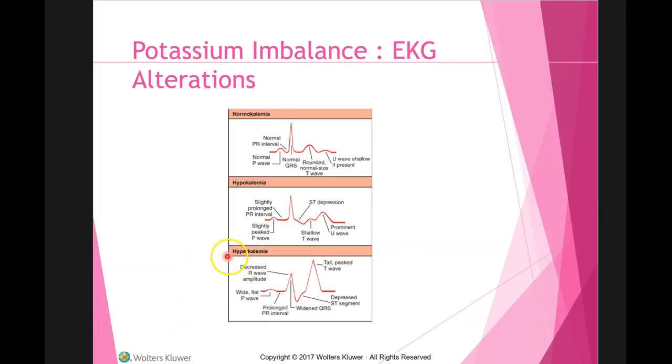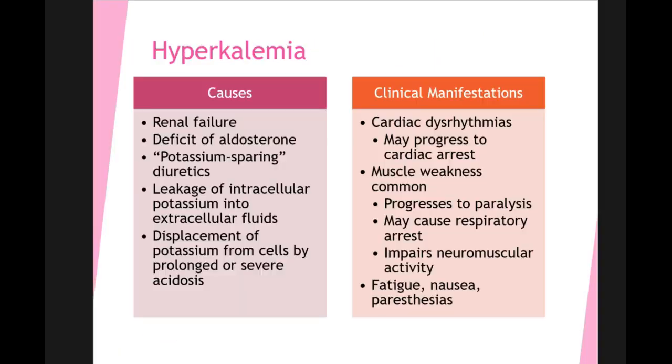So here is an EKG that's typical in hyperkalemia. This peaked T wave is a hallmark in hyperkalemia, as well as this decreased amplitude of the R wave. Muscle weakness is also common, and depending on the severity of the hyperkalemia, it can advance to neuromuscular impairments like paralysis, also respiratory arrest.